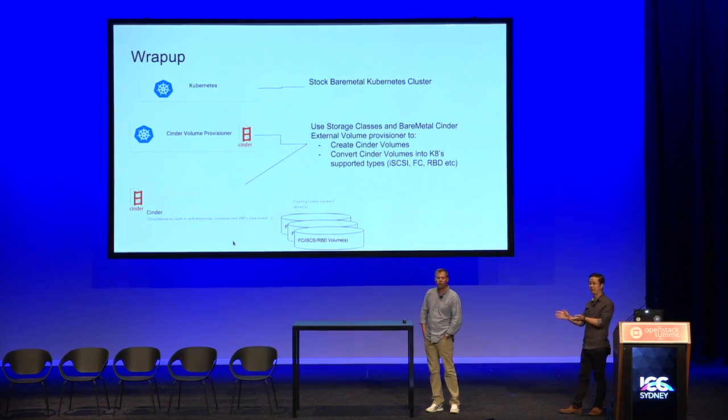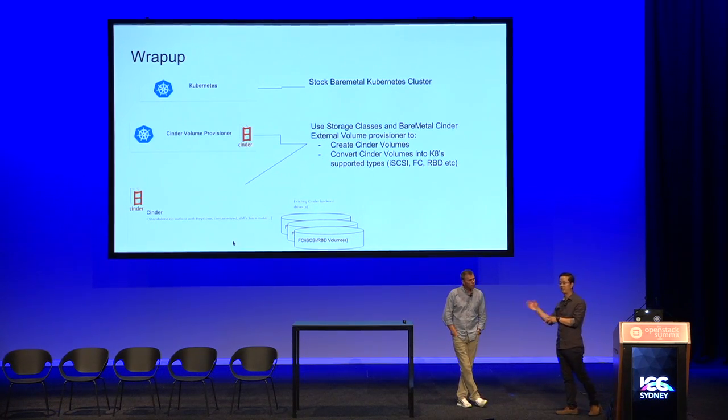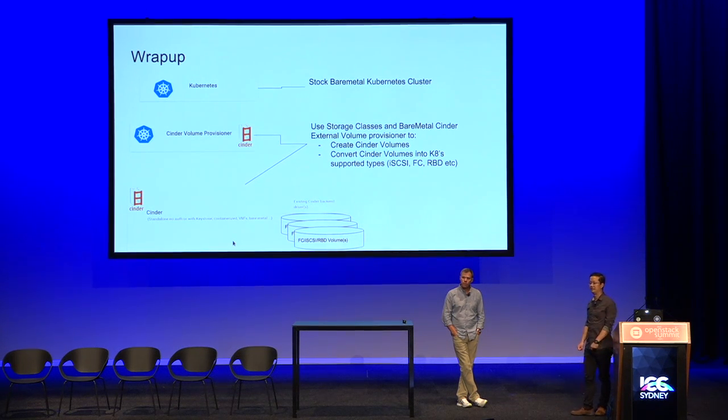And the other point is, as we are moving along to get everything out of the tree into the Container Storage Interface, you don't have to rewrite everything. You don't have to rewrite your iSCSI plugins or Fibre Channel plugins. Everything is managed by Cinder, so you get the same experience, and your driver will just work.